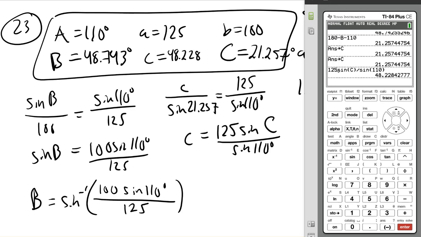So it multiplies these together first, which is what I want, and then divides those later. So it just doesn't mess up order of operations. If you have any doubt whether you need parentheses around your numerator and denominator, just do it because it won't hurt anything.